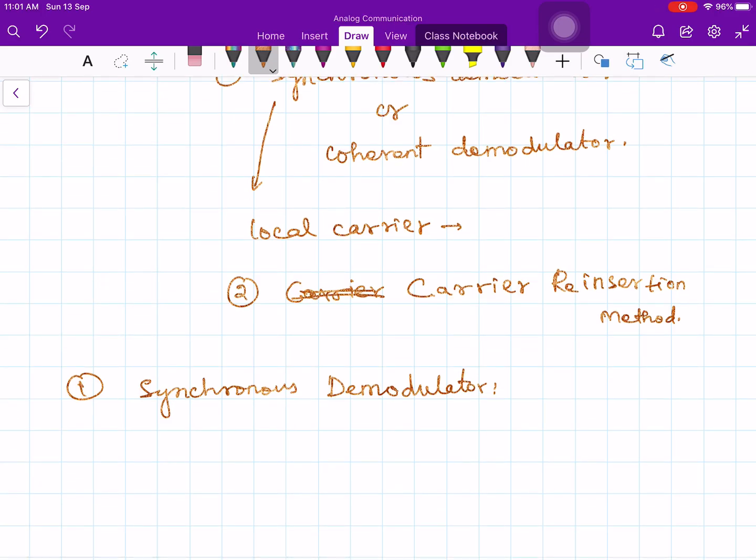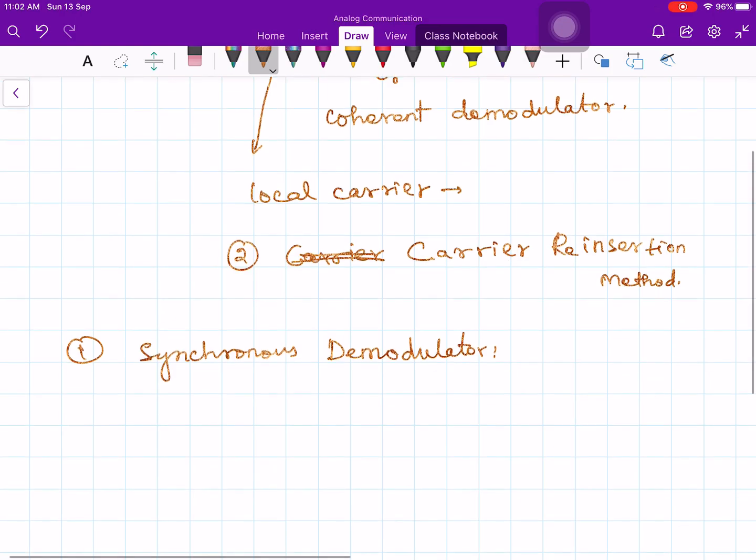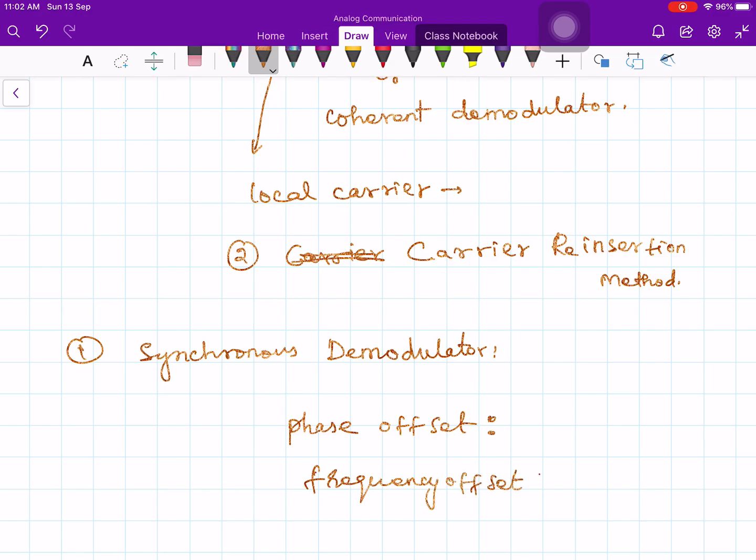We already discussed this when we were discussing the demodulation of the DSB signal. Remember we carried out this for the DSB signal. We understood that due to the phase offset, the signal will be attenuated. Due to frequency offset, there is something called a warbling effect. So these are the two things that we already discussed.